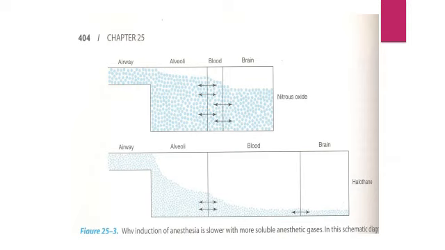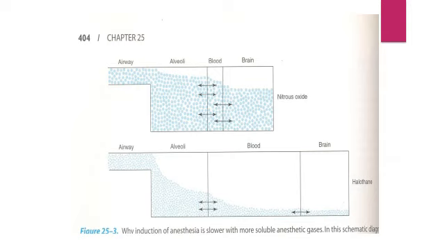Now, in the upper part of this diagram, you can see that nitrous oxide, which has a low blood gas partition coefficient, that is, nitrous oxide is less soluble in the blood, attains this partial pressure quickly in the blood and then attains its equilibrium with the brain quickly.